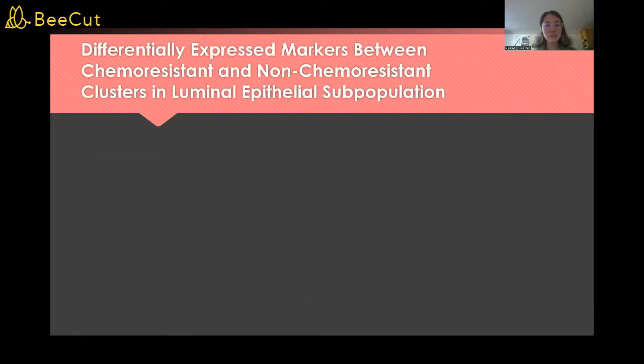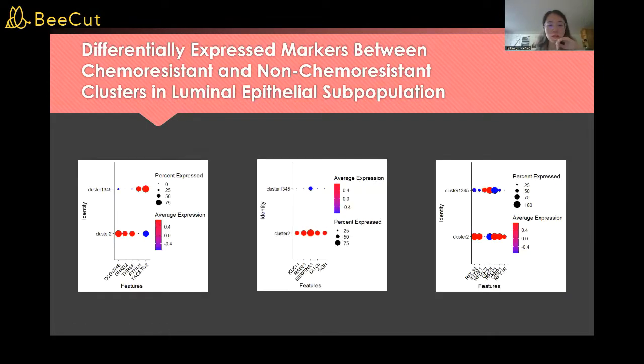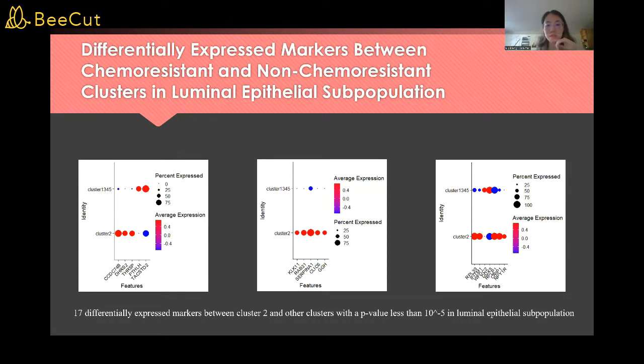And here are the differentially expressed markers between cluster 2 and non-chemoresistant clusters in the luminal epithelial subpopulation. There are also 17 markers, but with a p-value less than 10 to the -5th power. For example, we have CDC74B, DHRS2, and THRSP.